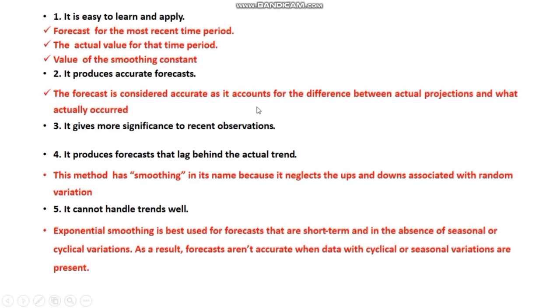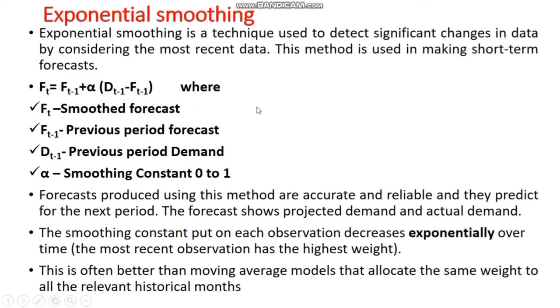Finally, as a summary of simple exponential smoothing: it is used for short-term forecasts. Here we use a smoothing constant, and only the previous period forecast and previous period demand. Therefore, it forecasts demand for only one period, the next period, which gives more accuracy.